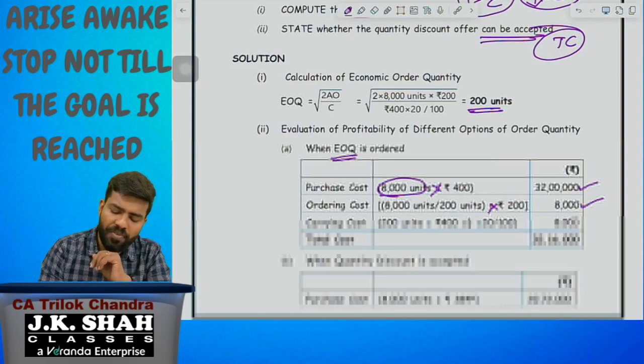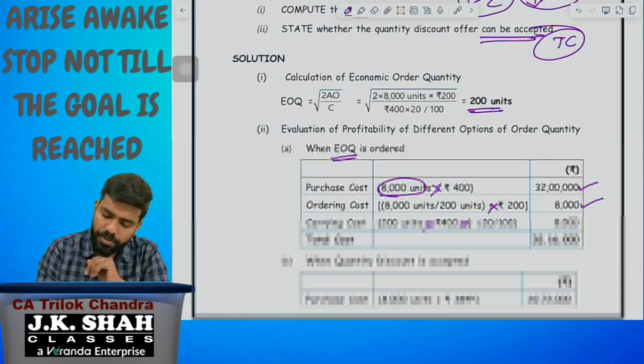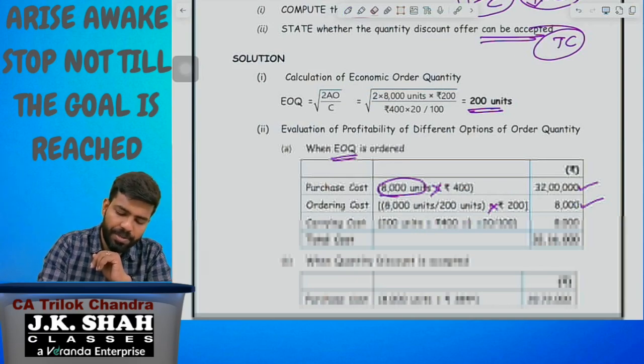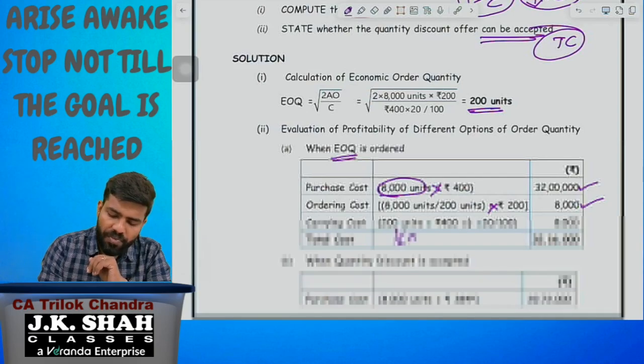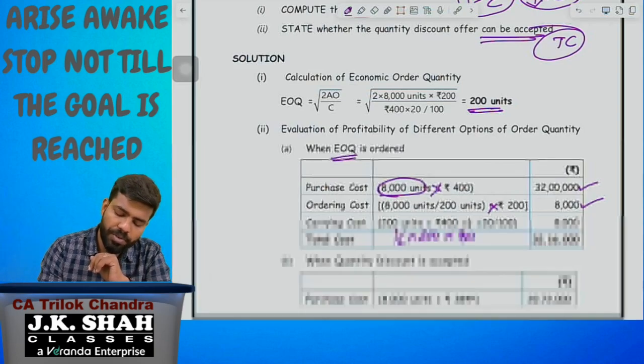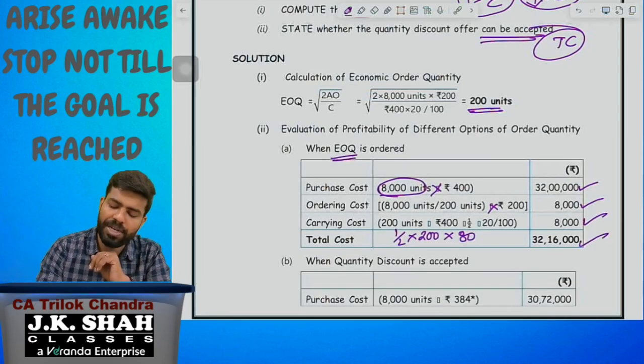Carrying cost is half of EOQ, half of 200 units into 80, that is 8,000. Total comes to 32 lakh 16,000 at EOQ.